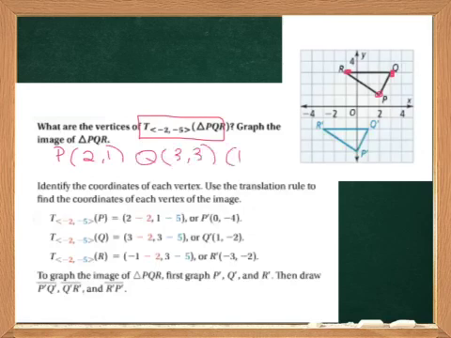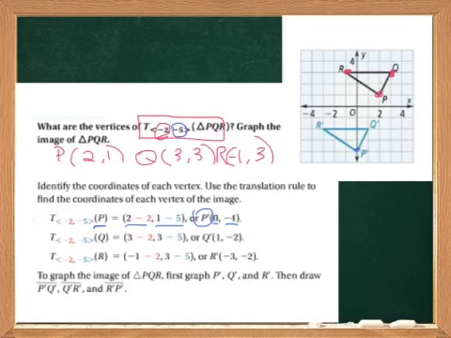And R, our coordinates are -1, 3. So we're going to add the -2 to the x value, and we're going to add the -5 to the y value. So if we take P, 2 minus 2 gives us 0, and 1 minus 5 gives us -4.